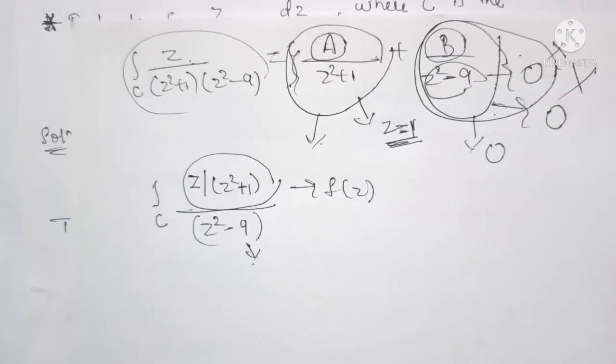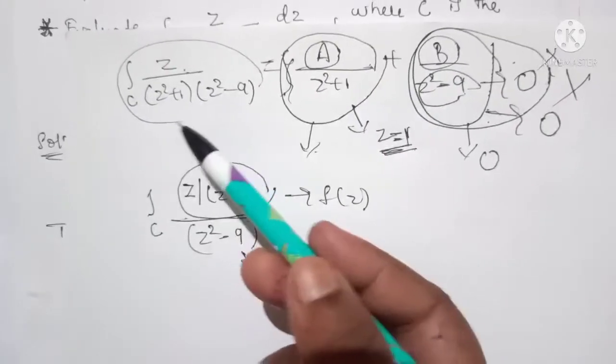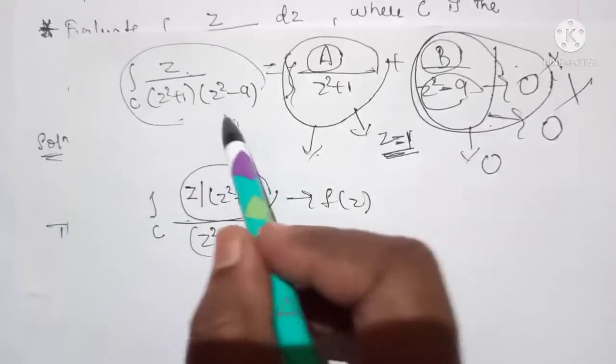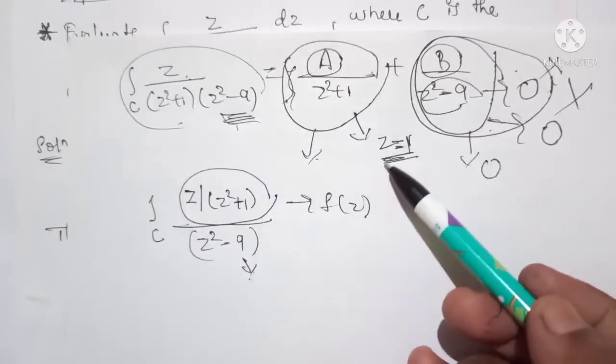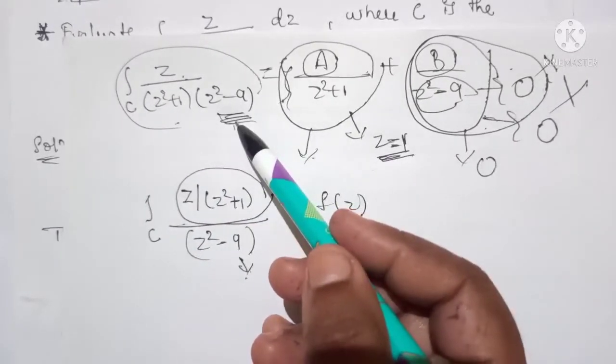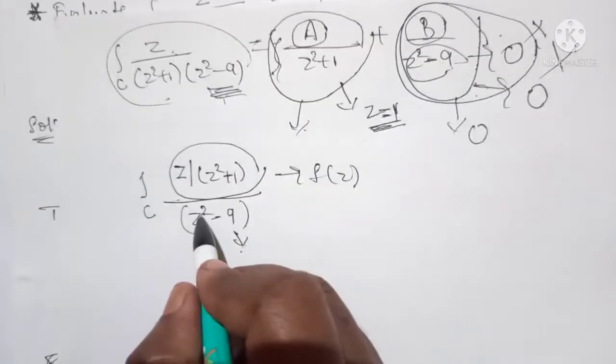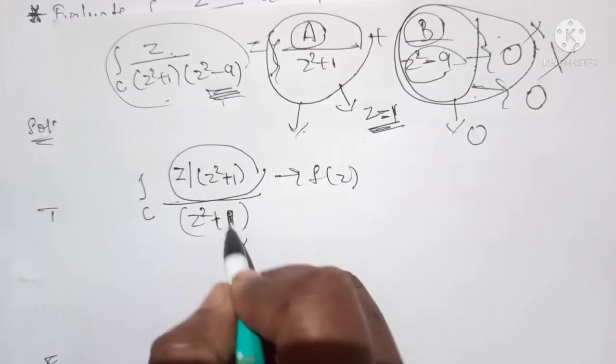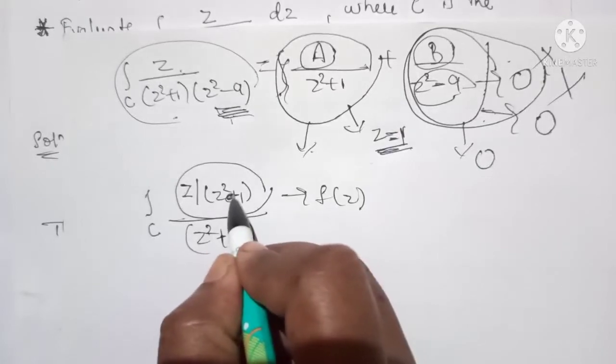Got this point? Because for the second factor we are getting f of z equals to 0. Sorry, this is not z square plus 1, this is z square minus 9.